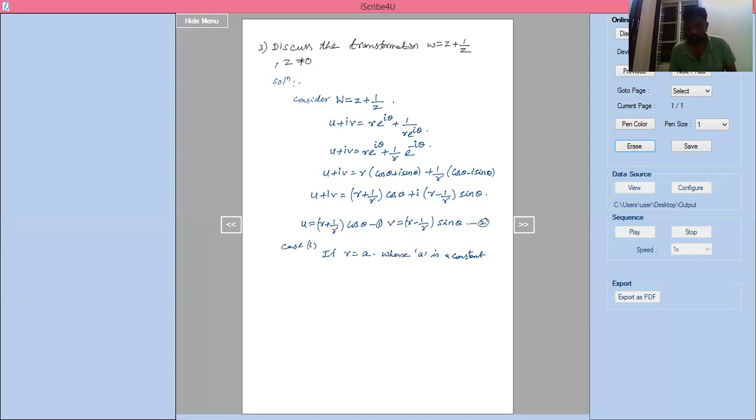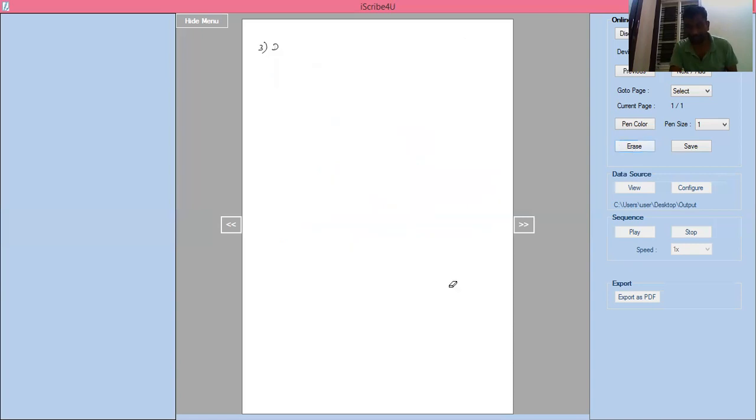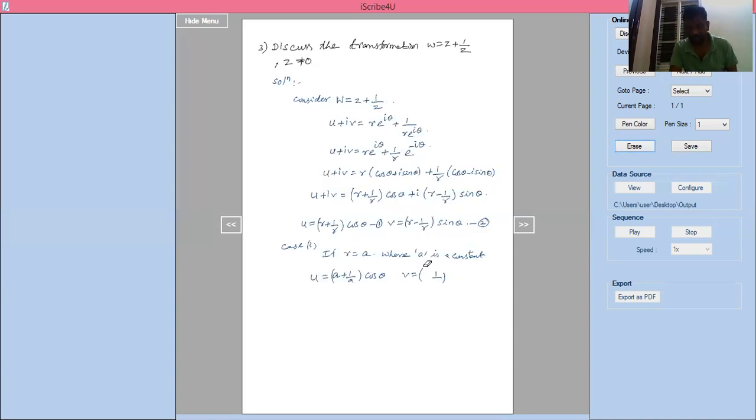If r equal to a, then u equal to a plus 1 by a into cos theta, and v equal to a minus 1 by a into sin theta.